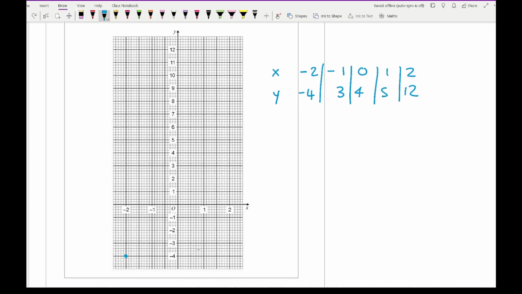Then minus 1, 3 is there. At 0, it's 4. At 1, it's 5. And at 2, it's 12. So it's going to produce an S-shaped curve. To the best of my ability, and this is really difficult doing on the computer, you then want to join those points up with a smooth curve, so it looks something like that.